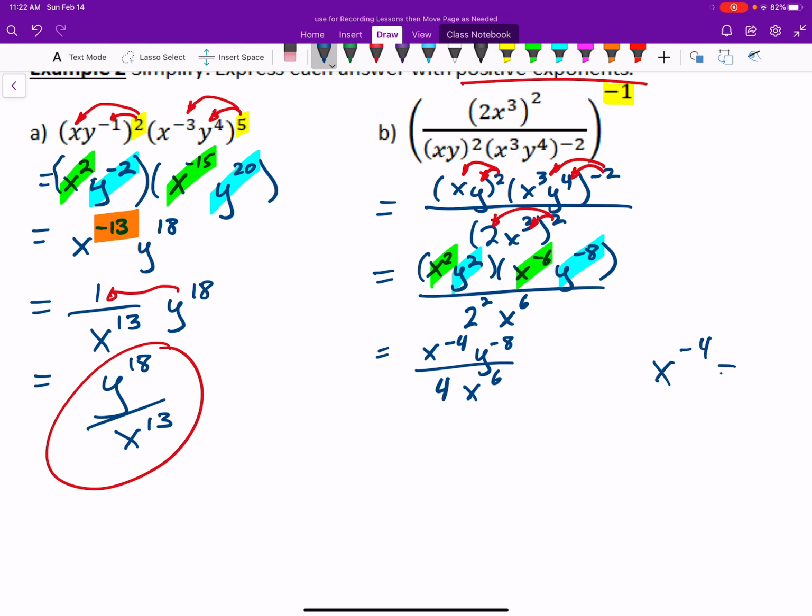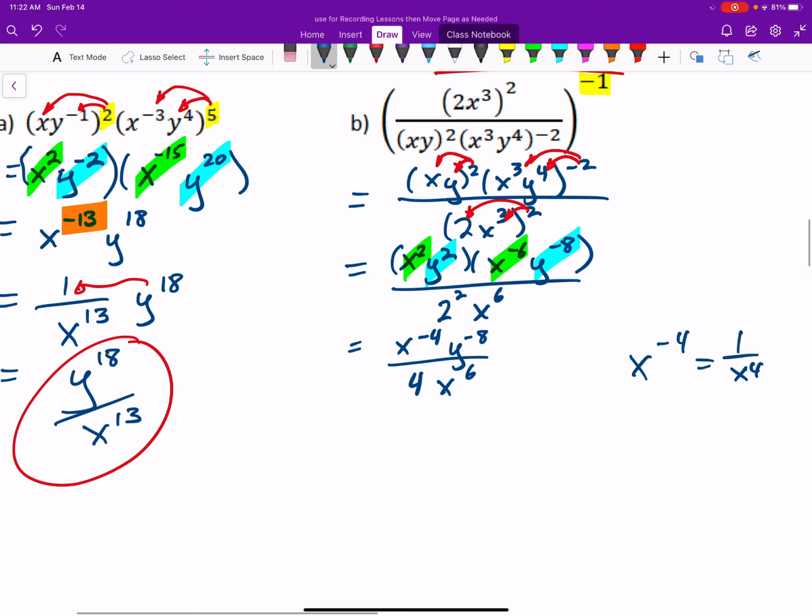I can think of y to the negative 8 as 1 over y to the 8, same thing. Instead of rewriting it that way, a shortcut is I can just take this x to the negative 4, move it to the bottom, move this to the bottom as well, and just drop the negative signs. That's a shortcut based on math.